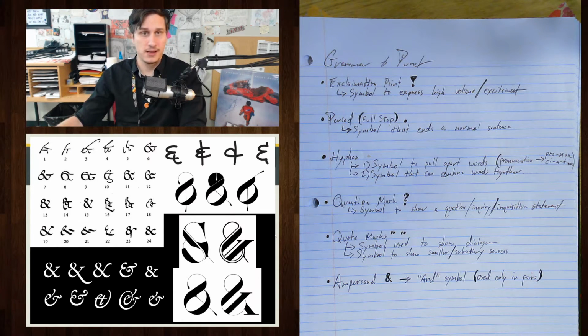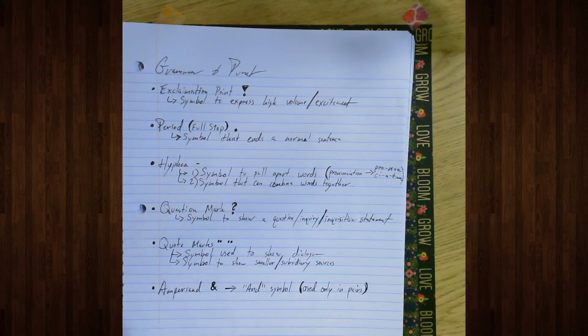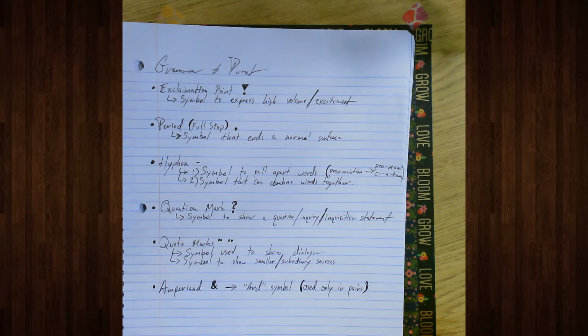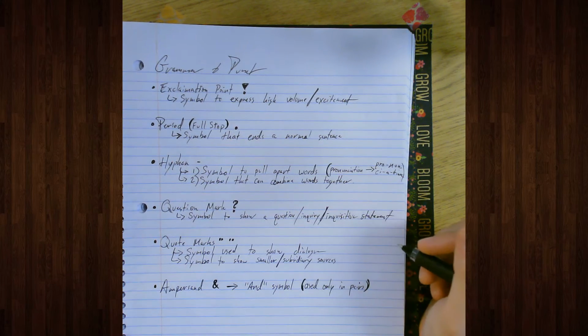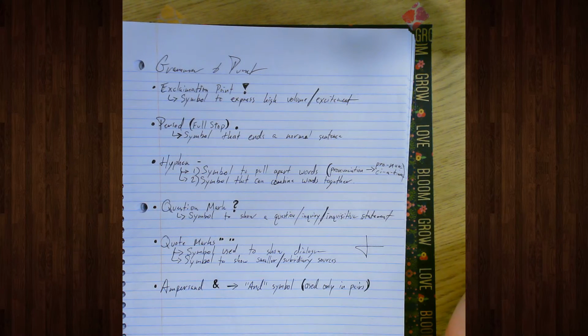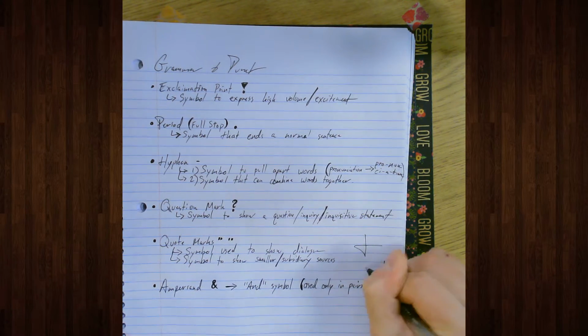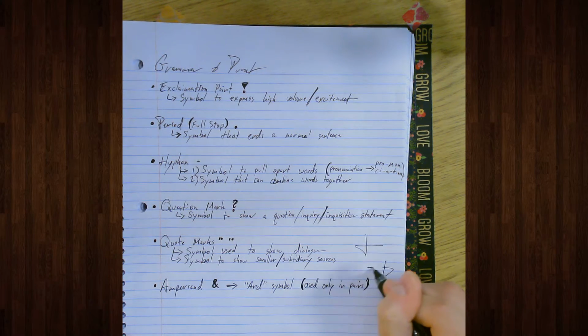Now, for me personally, I was a dork when I was a kid, and my mom would always draw the and symbol like this, right? Now, I didn't do it that way. I always did it backwards. I always did it this way. It's just kind of whatever.